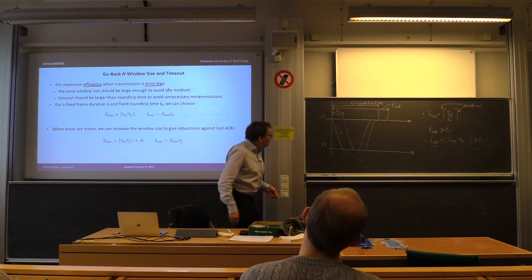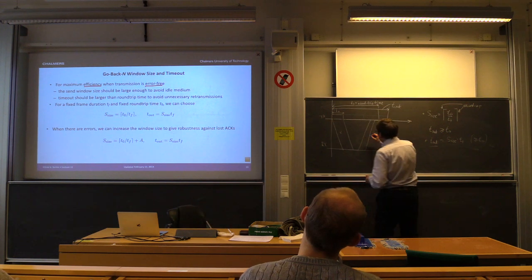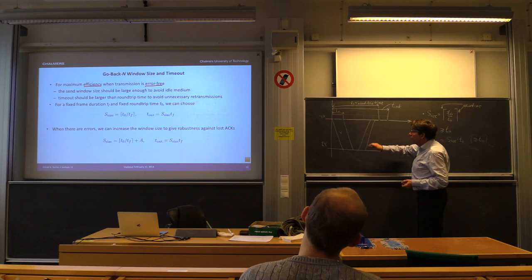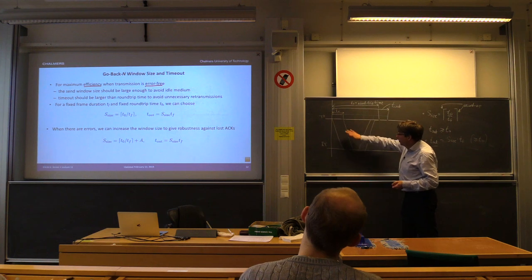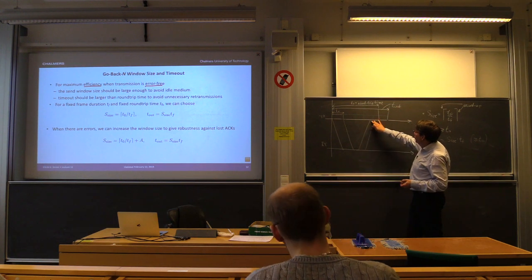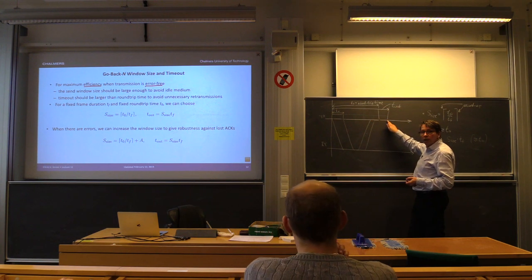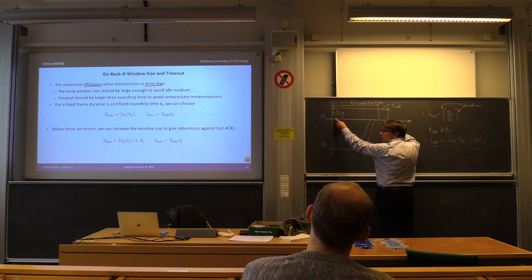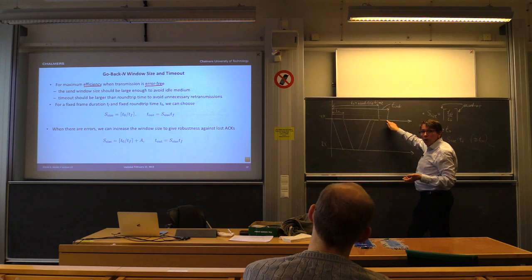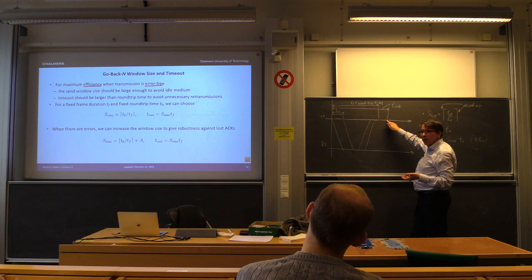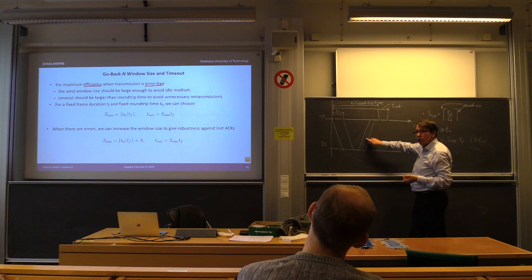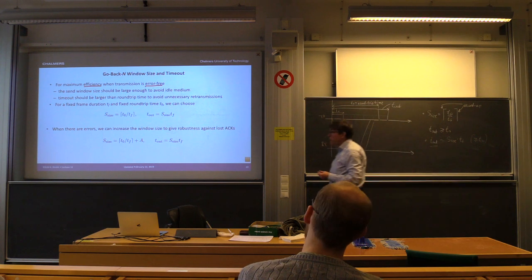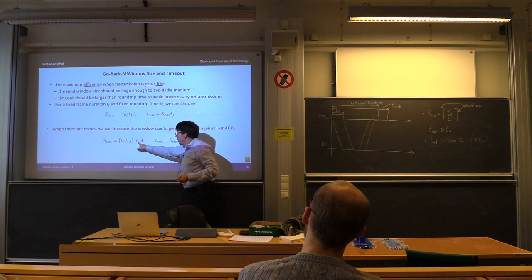Now, if there are errors here, for instance, if we lose this acknowledgement here, even though that this is okay, and if we lose this one, we would trigger a retransmission of all these frames at this point in time, when there is a timeout. So if we want to be robust against errors in the acknowledgement, what we want to do then is to increase the size of the window with some number, a.